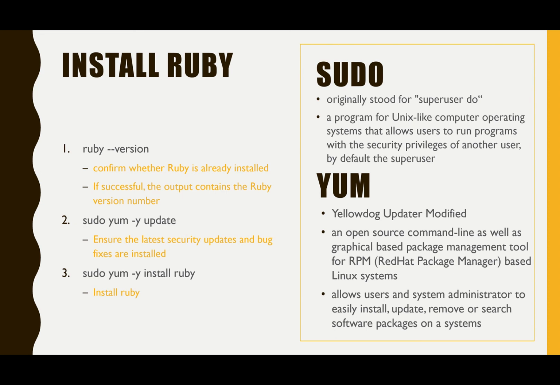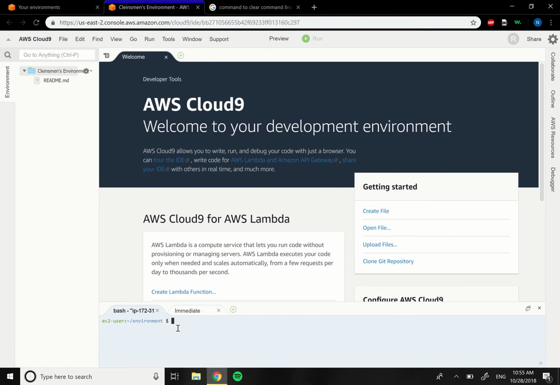For the third step, you're doing the same thing, but in the case of installing Ruby. You're going to run that code. I actually already have Ruby installed, so I don't have to, but for the sake of this tutorial, we are going to run through the commands.